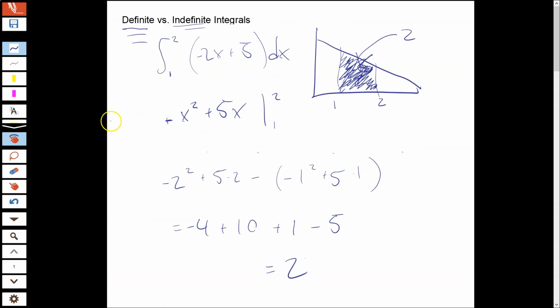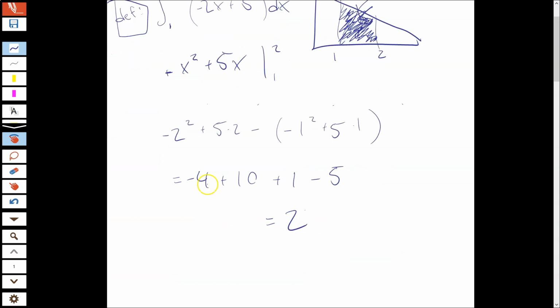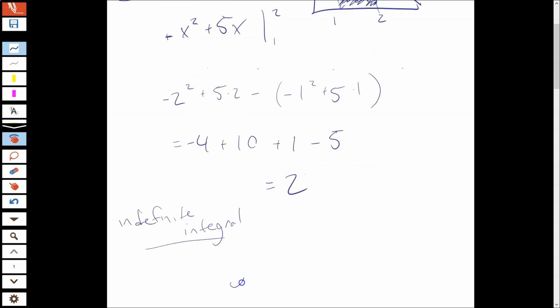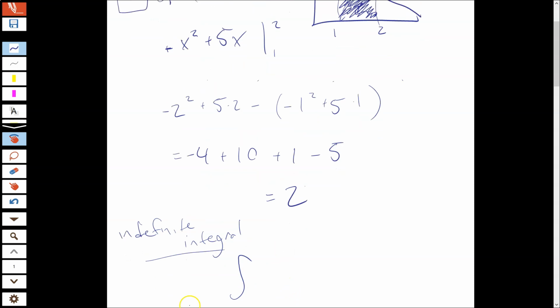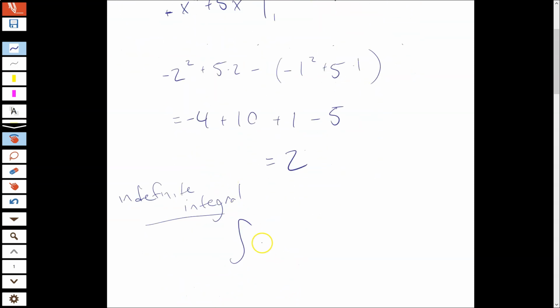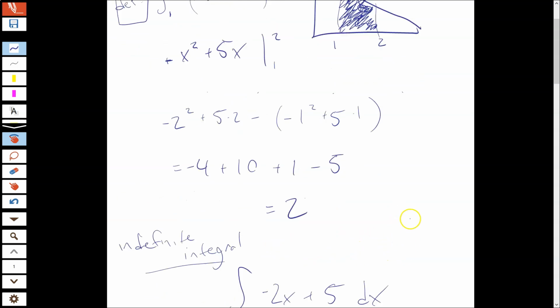So as I said earlier, this example was a definite integral. An indefinite integral would look like this. So it would have no boundaries, no limits of integration. We just say negative 2x plus 5 dx.